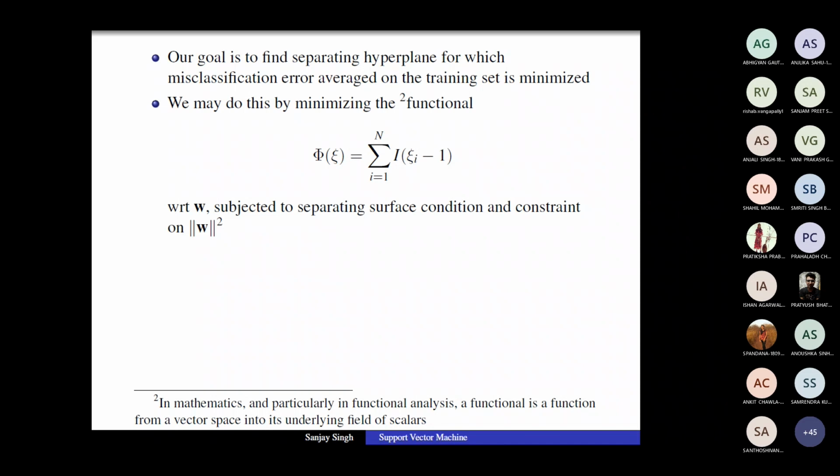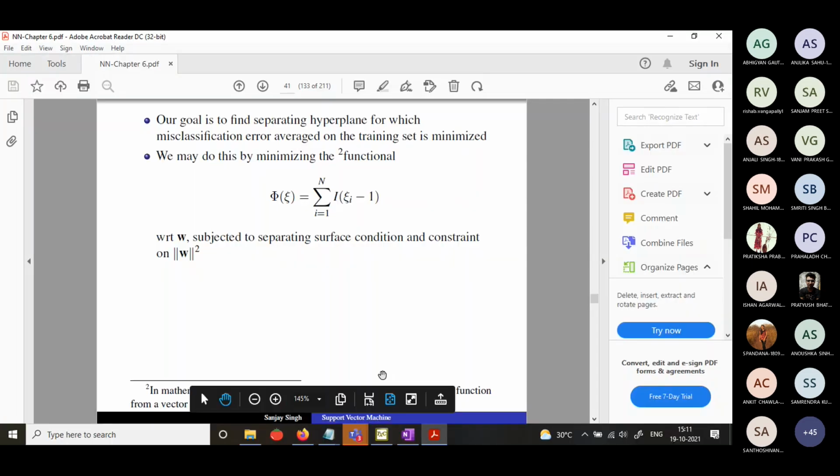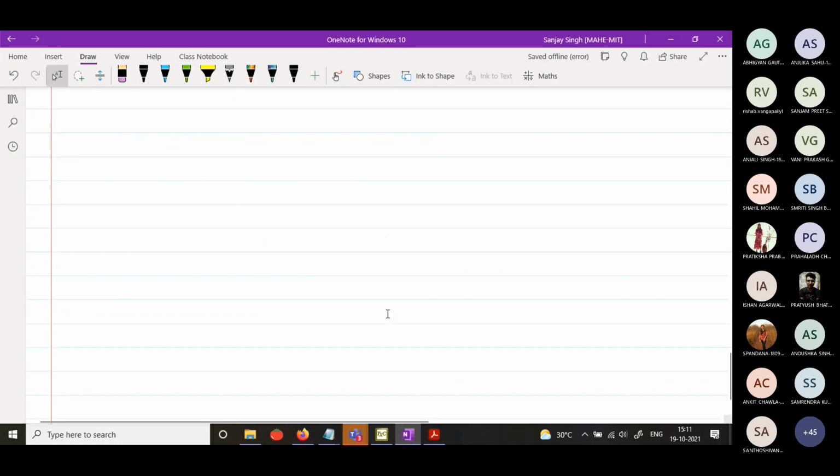errors there are. In machine learning this is called an indicator function, as simple as that. Let me explain the concept of the indicator function.